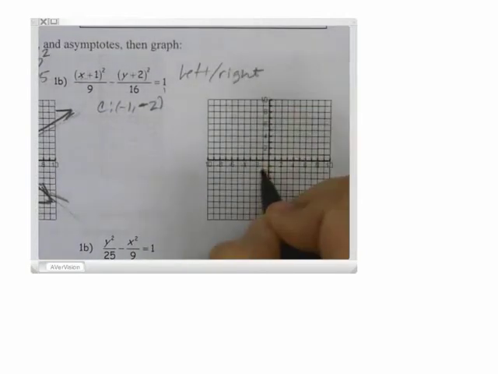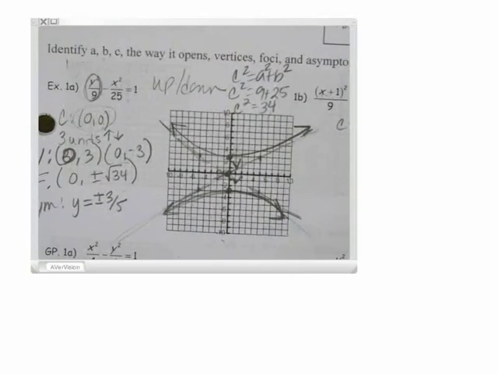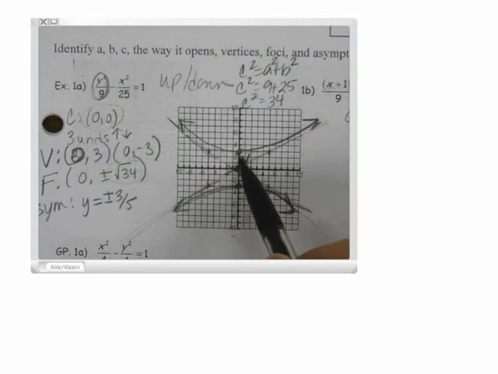I'm sorry, let me go back to this one for a minute. I didn't graph my foci, just to make sure you know where they would be. If you type square root of 34 in your calculator, you get 5.8. Make sure you realize they are on the same axis as your vertices. They're inside the hyperbolas.